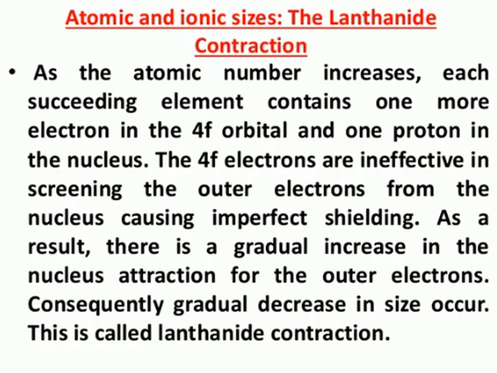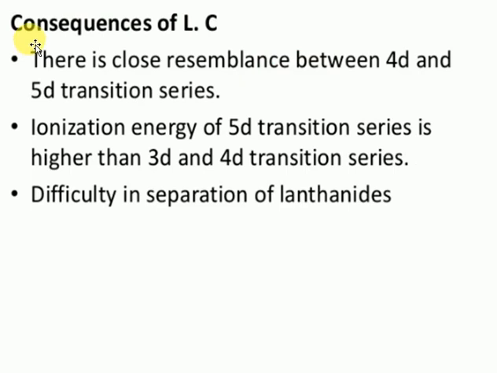Next, one more very important point is the consequences of lanthanide contraction. There is a close resemblance between the 4d and 5d transition series. The atomic size is very close between the 4d and 5d series because of the poor shielding of the f orbitals. Next, the ionization energy of the 5d transition series is higher compared to 3d and 4d.